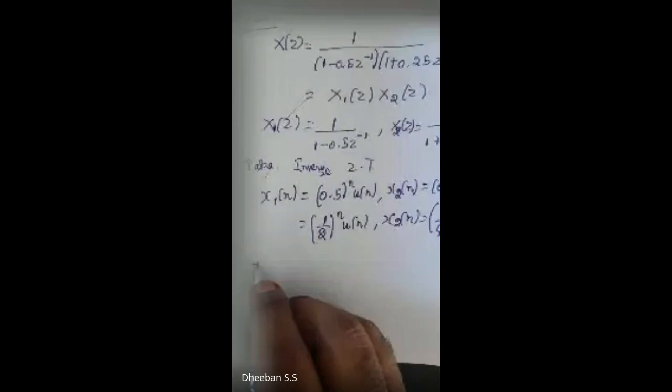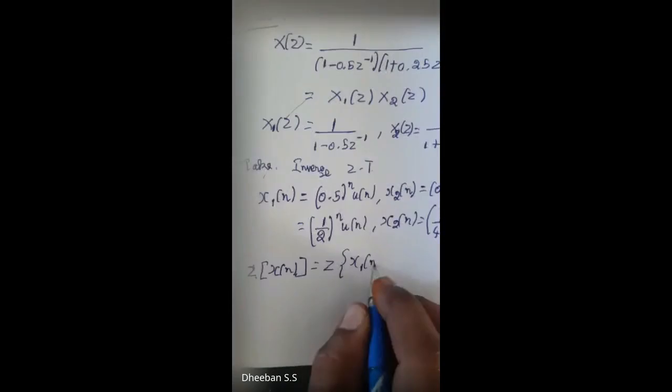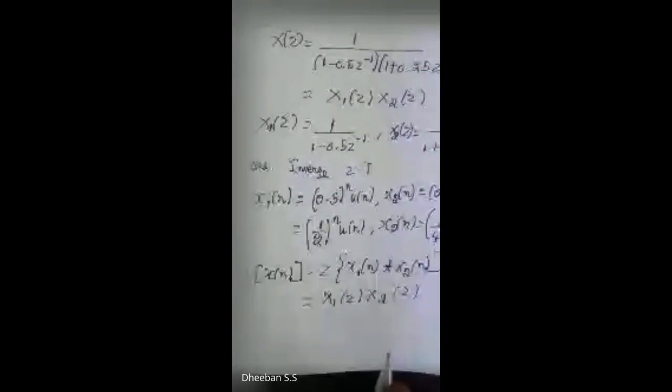Now you have to take the z transform of x of n, which will be equal to x1 of n convolved with x2 of n. This is the convolution property that you have seen in your properties lecture, so x1 of z into x2 of z.